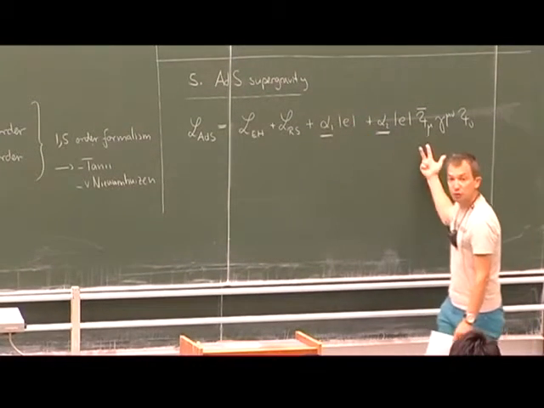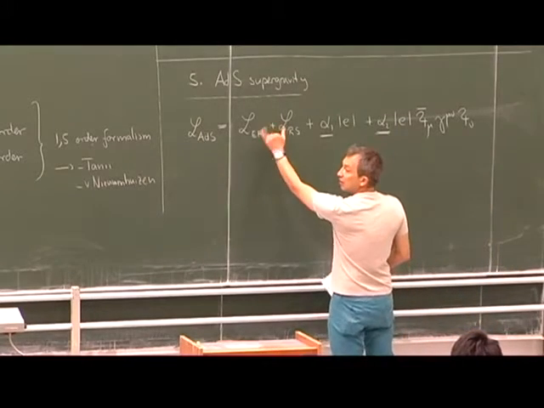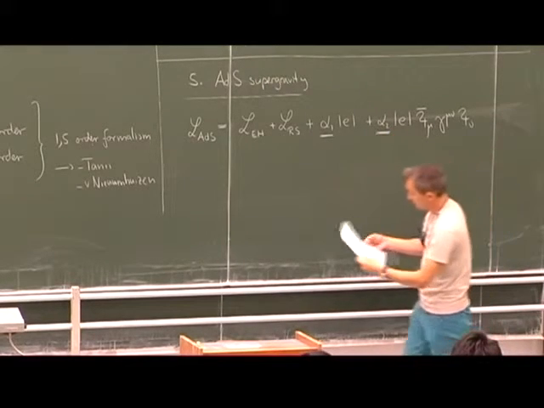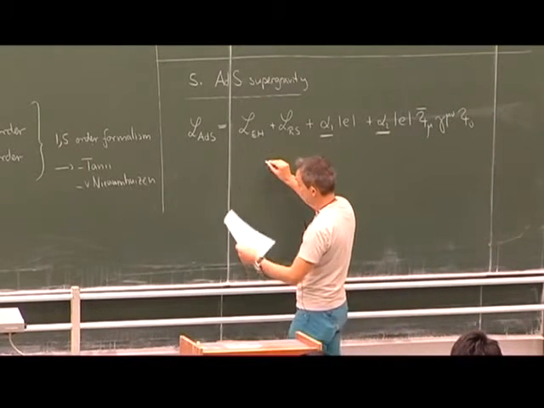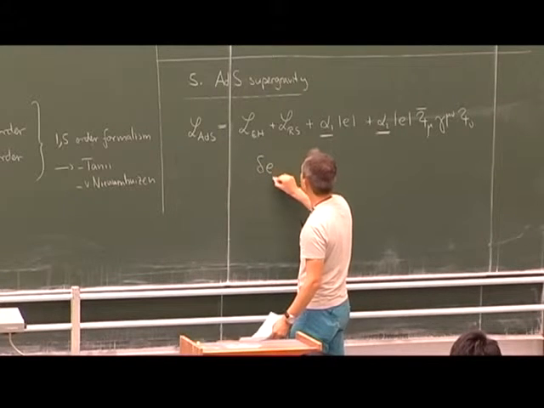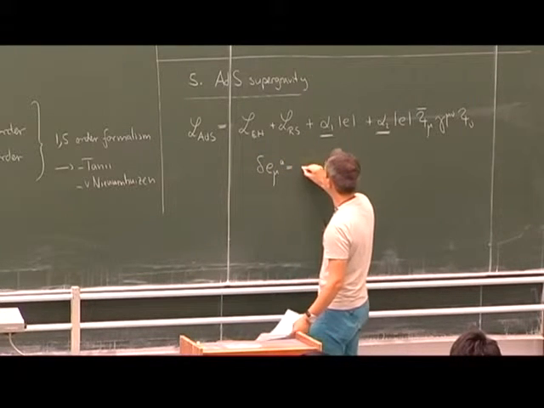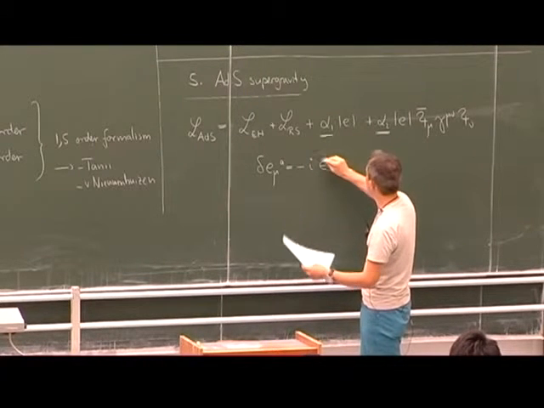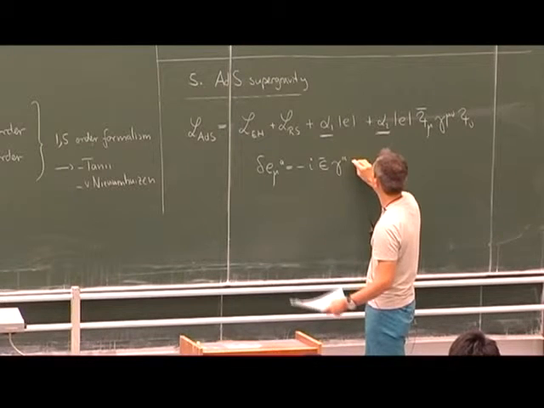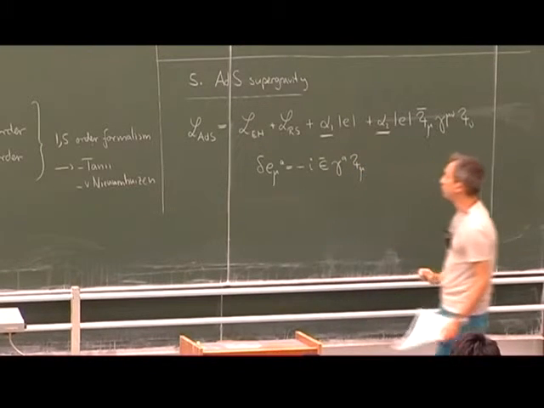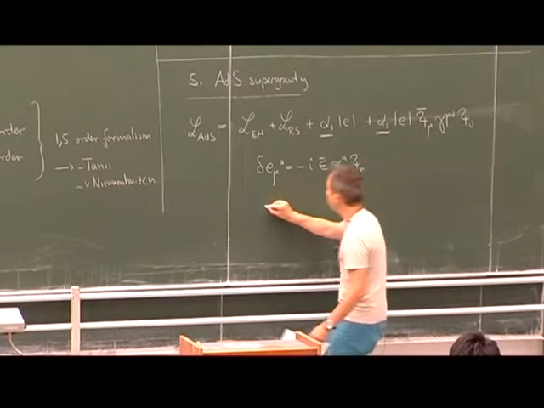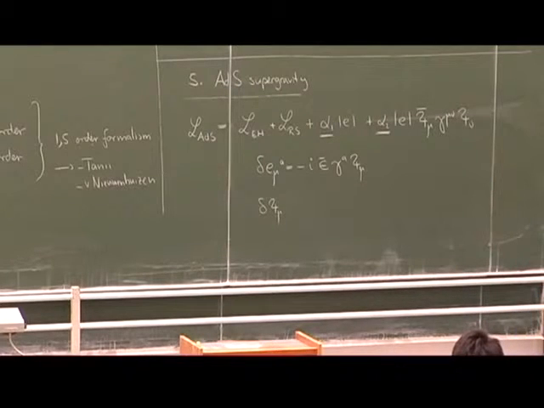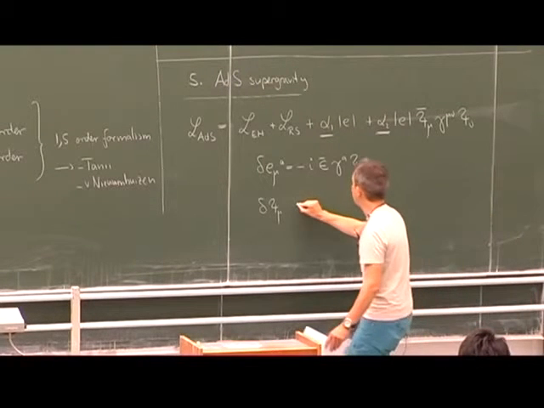Now, can this still be supersymmetric? So can these two cancel under their supersymmetry variation, and these two in the same way? It turns out the answer is yes, if you also allow to slightly modify the supersymmetry rules. For the vielbein, I keep the previous transformation, but I slightly modify the variation of the gravitino, which used to be just the derivative of epsilon, of the parameter. This is something, in fact, which is a rather typical structure in supergravity, which we will see showing up again and again.